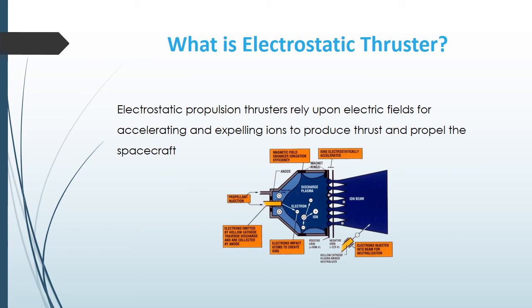Now coming to our main topic, what is an electrostatic thruster? Electrostatic propulsion thrusters rely upon an electric field for accelerating and expelling ions to produce thrust and propel the spacecraft.